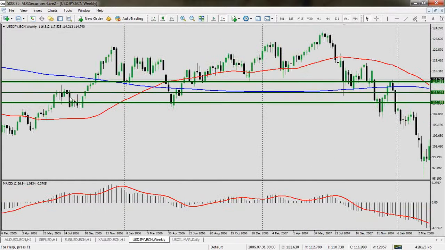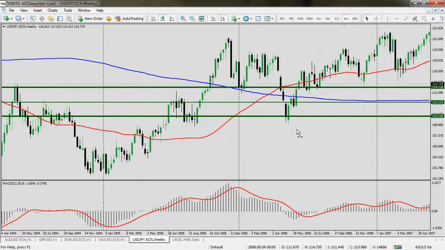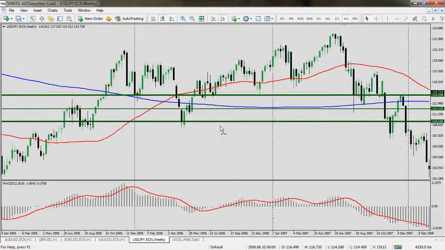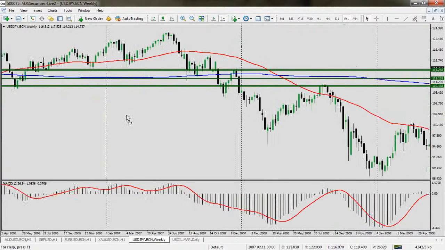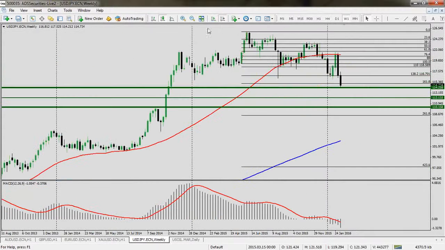You will see that each time the pair touched the 110 level, it was either resisted or got its most important support. And the same went for the 114, 115 level. Each time it was tested, we had a reversal or market continuation, may that be broken above. So therefore, we will be looking for these levels.